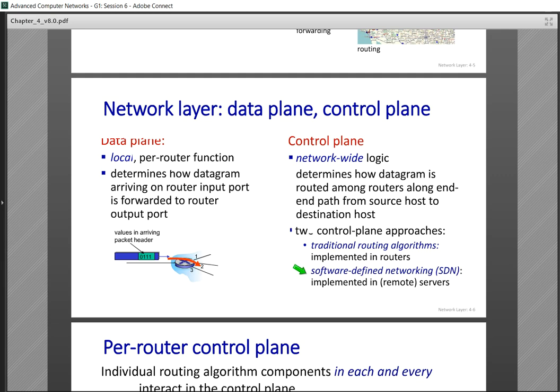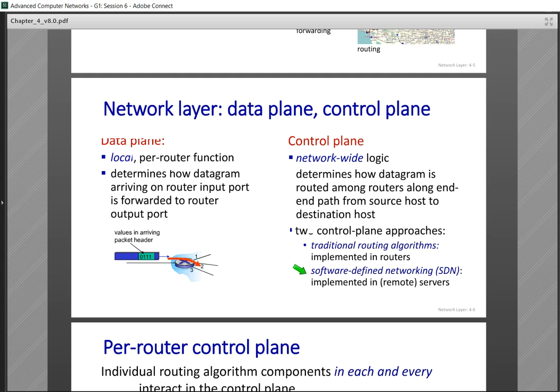In traditional routing algorithms, a routing protocol is started on each of the routers individually. Each router starts its own routing protocol to find the paths around the network. Okay?